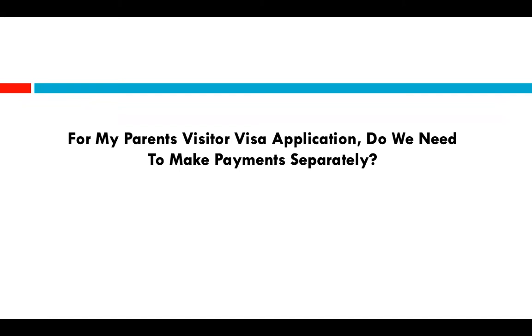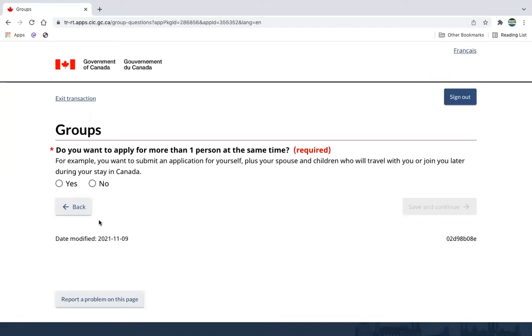Let's quickly jump in. After you sign in, if you've not watched the videos on how to apply for parents' visitor visa to Canada, I'll leave the link in the description area below. Once you sign in and you get to the group phase, it says, do you want to apply for more than one person at a time?